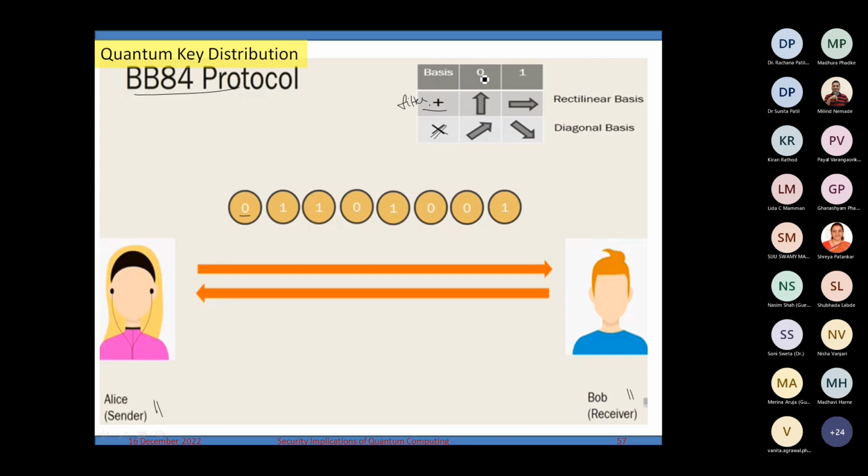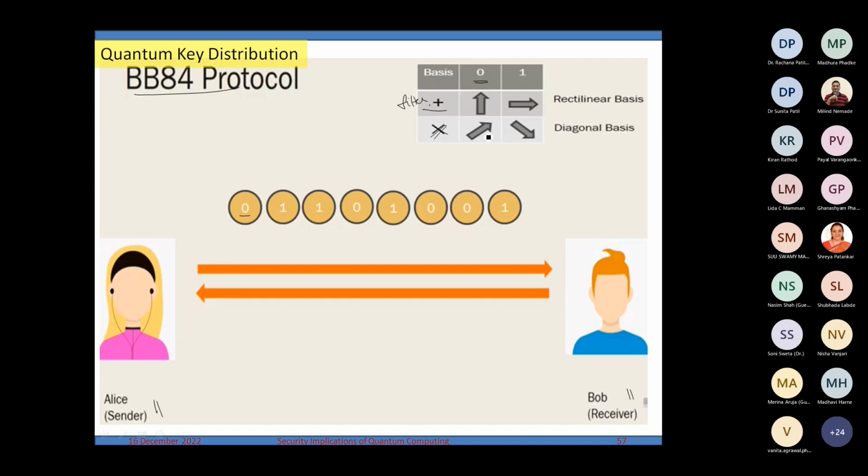Now the key bits that you want to share will have 4 possible states. With the rectilinear filter, or horizontal-vertical filter, 0 is represented with an up arrow, and 1 is represented with a horizontal arrow like this.